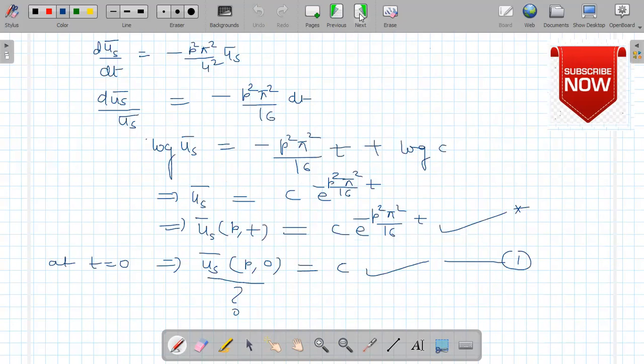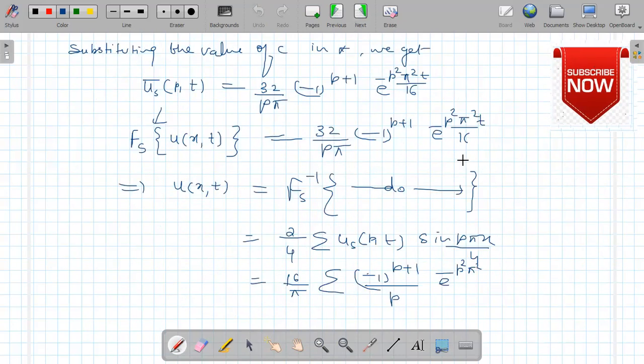Yes, we have t here also. t over 16 into sine p pi x over 4.